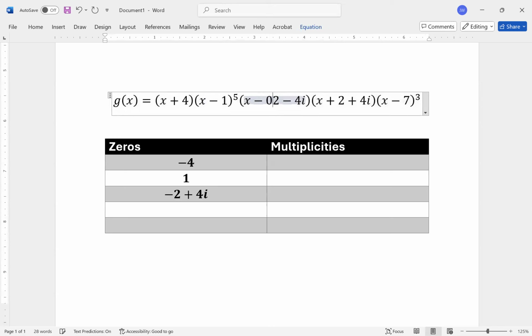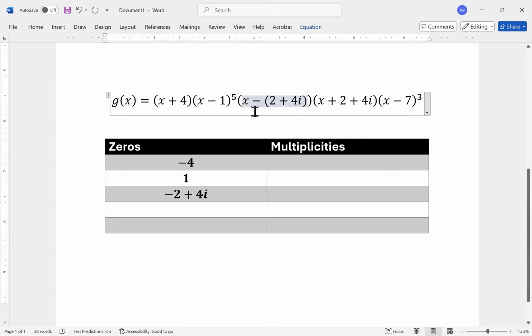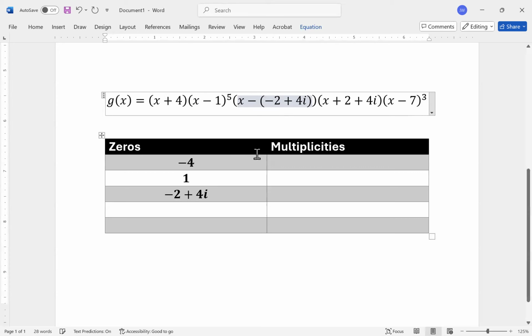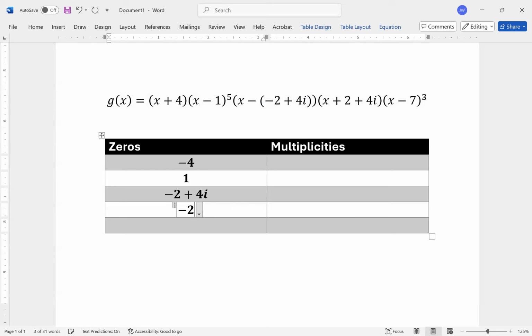So minus 2 gives me a plus 2, so -2 plus 4i. In the same way over here, we would get a -2 minus 4i if I wrote x minus r. And then the last root is a 7.